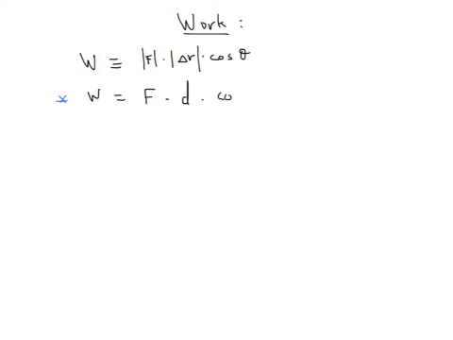And cosine theta is the last thing, and as a reminder, sometimes we can write theta FD to remind ourselves that the angle theta is the angle between the force arrow and the displacement arrow, or the distance arrow if you want to call it that. So there's our equation for work, and I have a question based on what we just discussed.